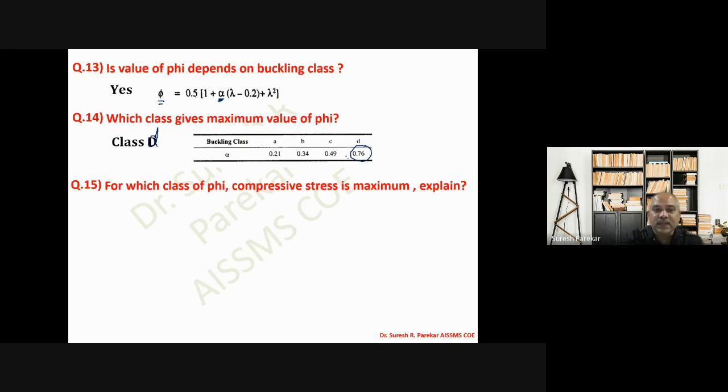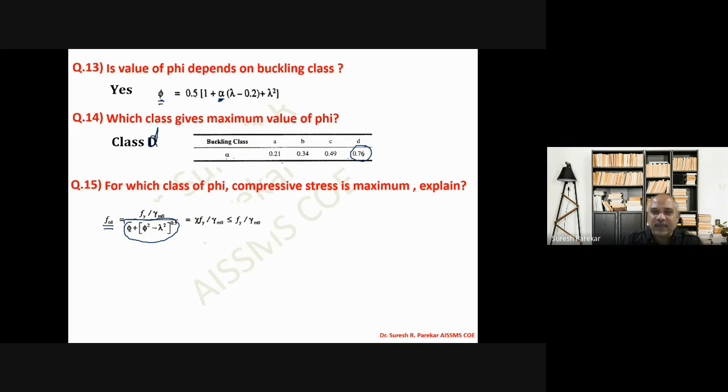Then, for which class is the compressive stress maximum? Explain. We have this value, FCD. You can see for class D we have the maximum value of alpha. As alpha is maximum for class D, automatically my value of phi is maximum for class D. Since phi is in the denominator, automatically my FCD value is minimum for class D. So by using this formula we can justify it, and we have already seen this in the table.